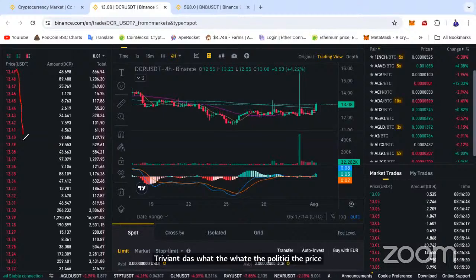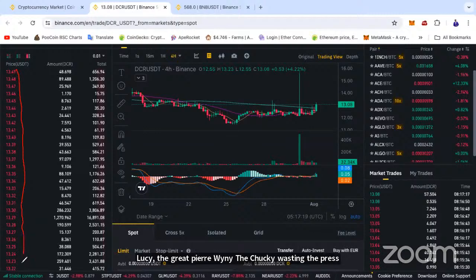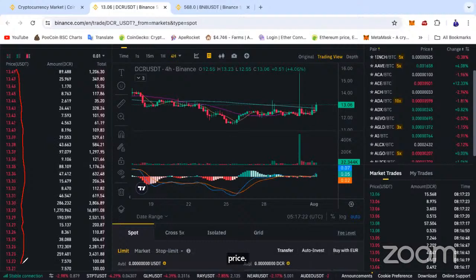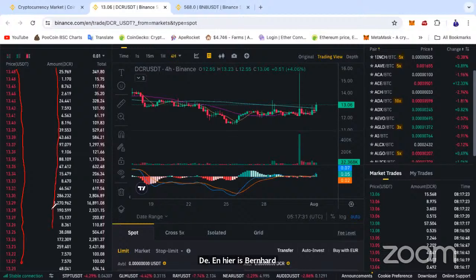That's where I want everybody to see the price. Can we see the price? Give me a 1 in the chat if you are seeing the price. The price. And here is the amount. And here is the total. This is the amount of the DRC coin.